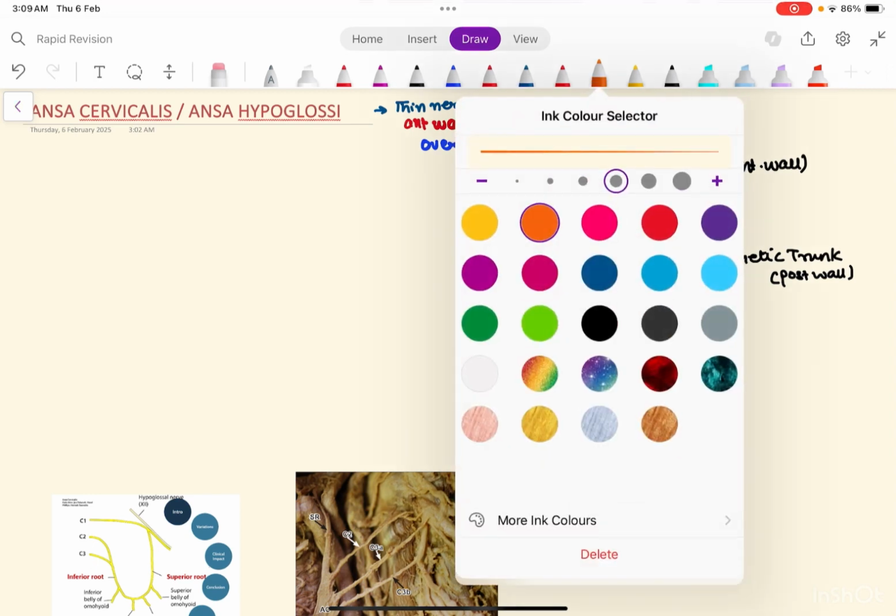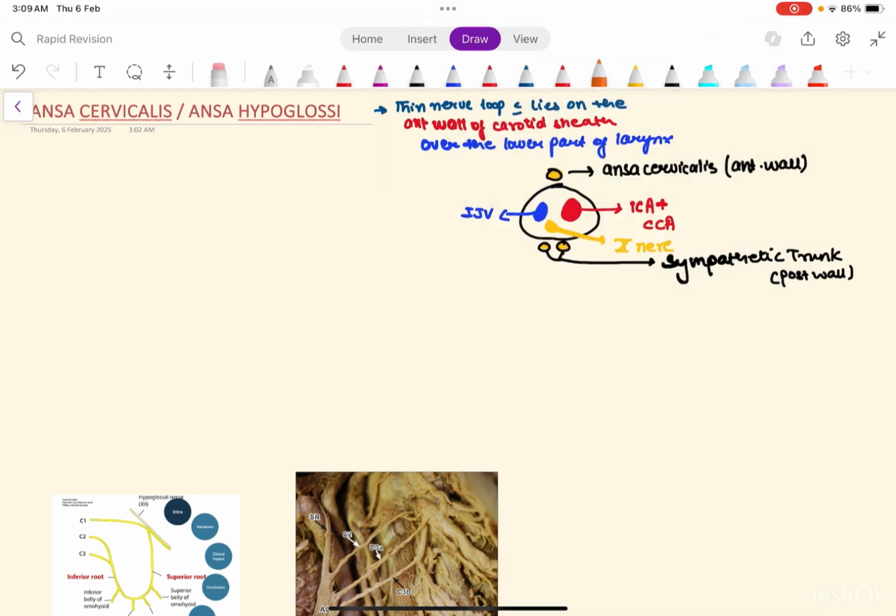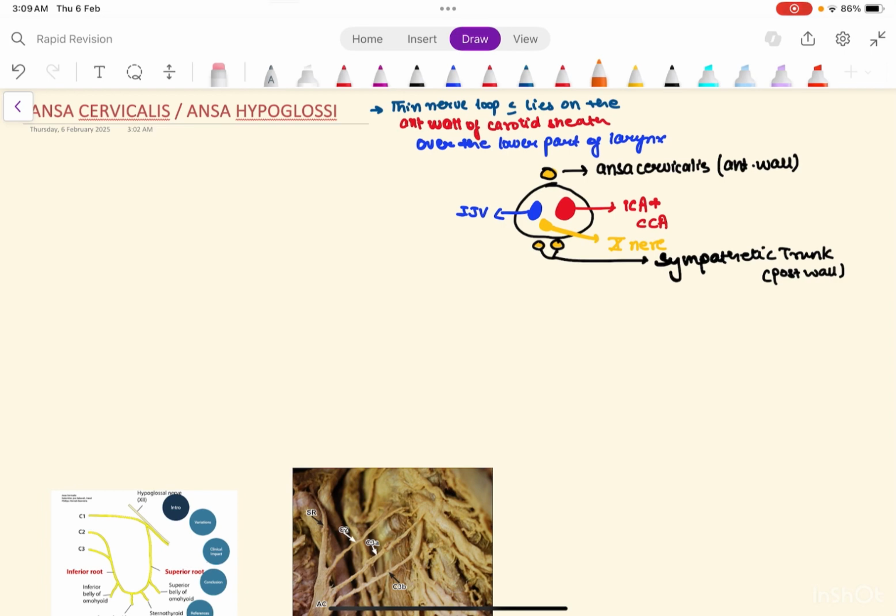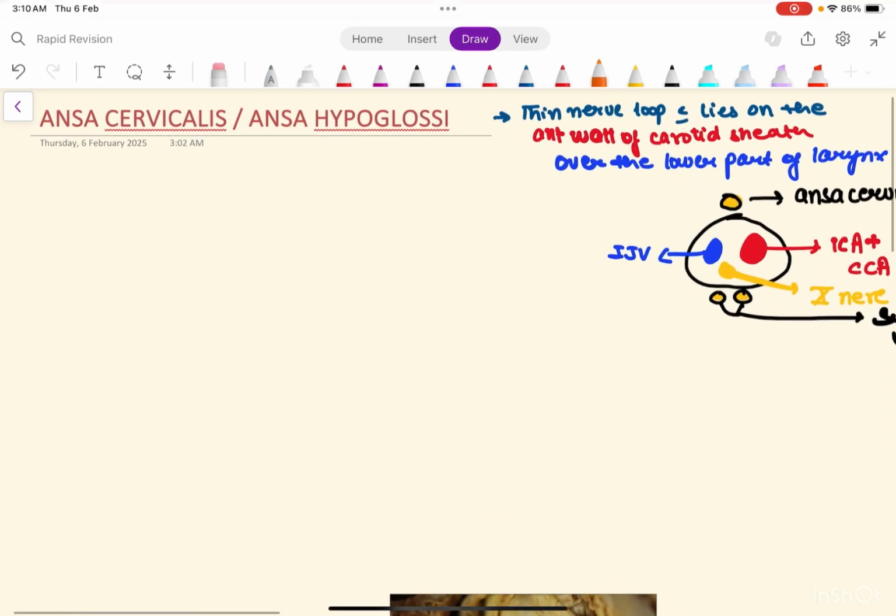Now a trick to remember: sometimes we are confused in exams whether it was external carotid or internal carotid. In all this, there is nothing which has an E in it. Everything has an I, so like that you can eliminate the options.